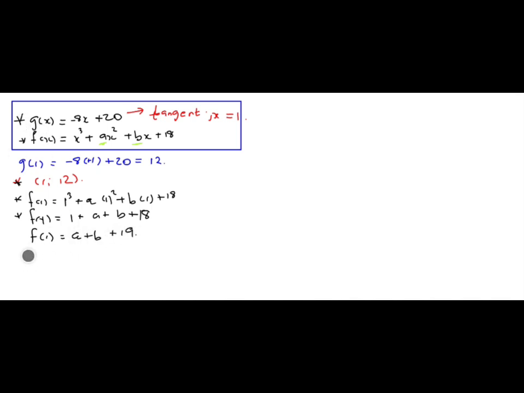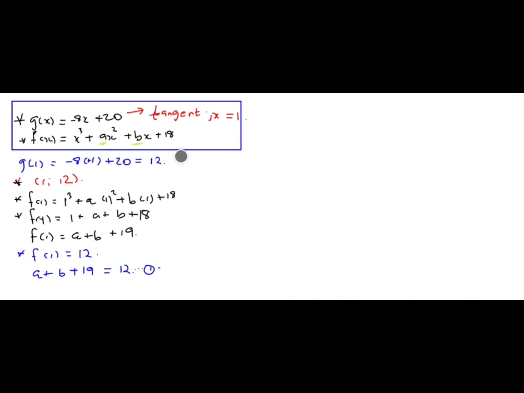Now the other part is that the y value when x is 1 is also known to be 12. So I can just equate these two and see what I get. So a plus b plus 19 equals 12. And I guess we could call that equation 1.